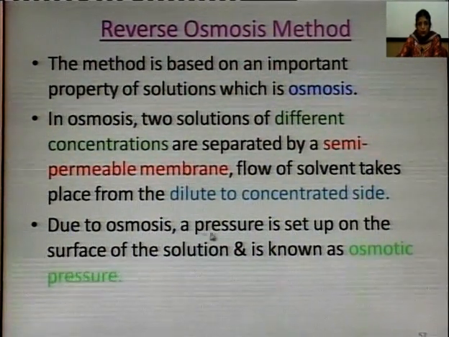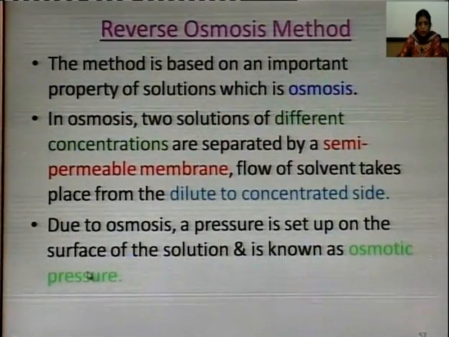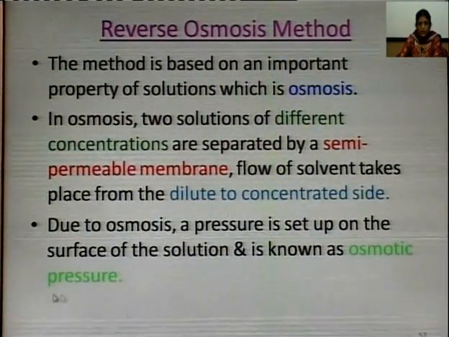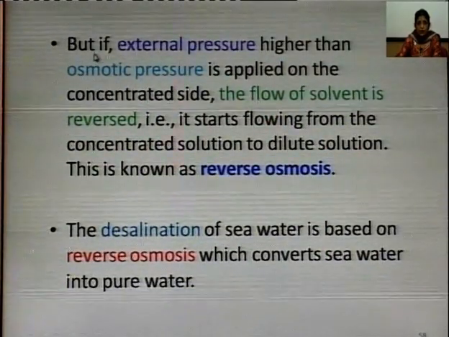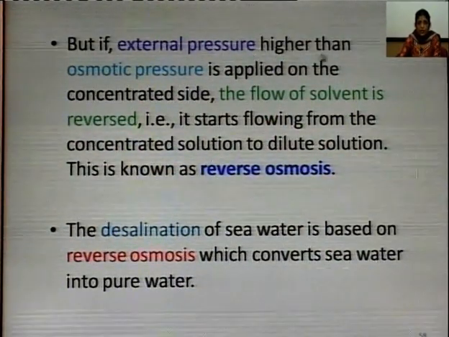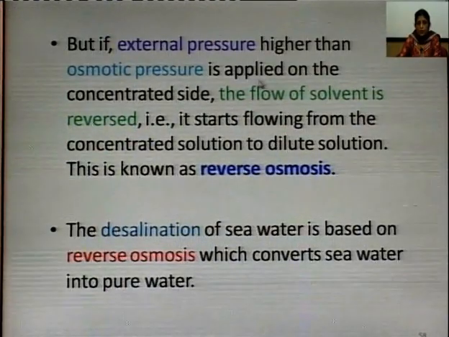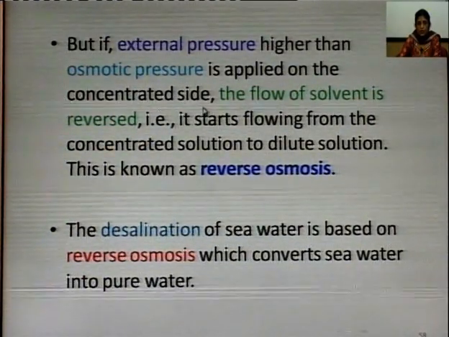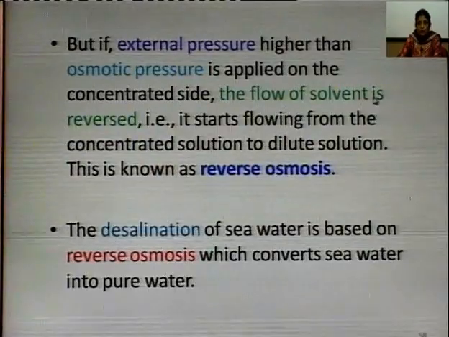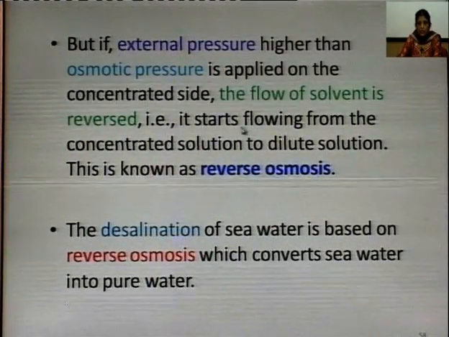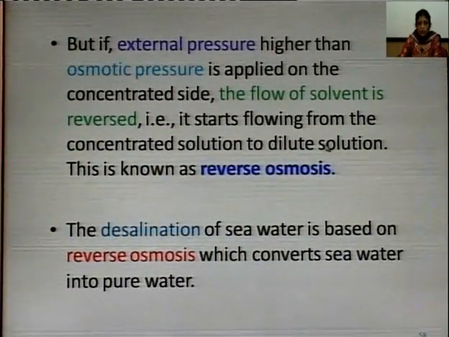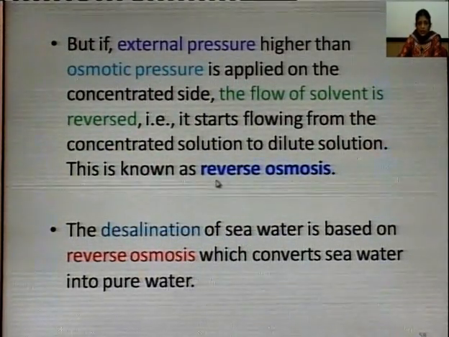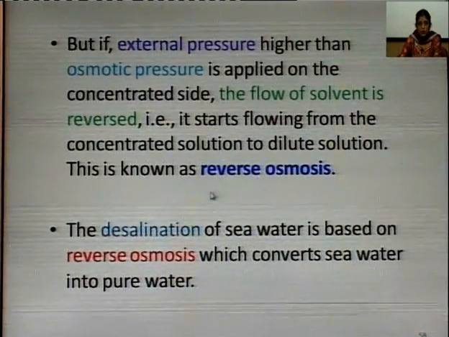Due to osmosis, a pressure is set up on the surface of the solution, and this pressure is known as osmotic pressure. But if an external pressure higher than the osmotic pressure is applied on the concentrated side, the flow of solvent is reversed. It starts flowing from the concentrated side to the dilute solution side, and this is known as reverse osmosis.